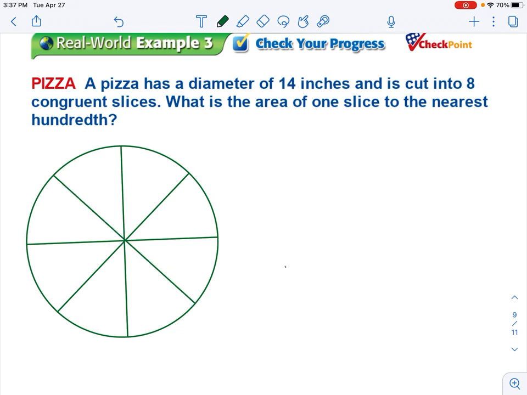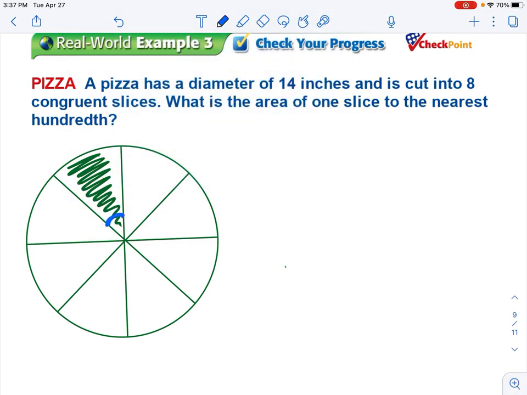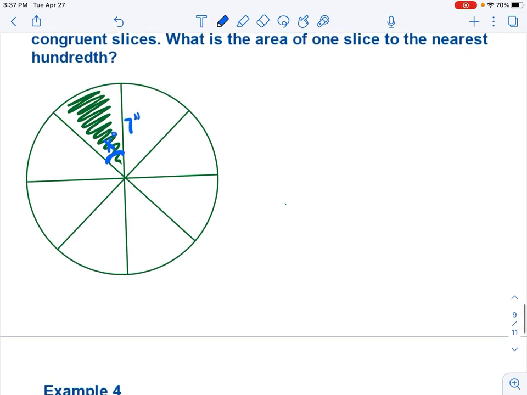We want to know what is the area of one slice to the nearest hundredth. So I need to find this degree. I know my radius is 7 inches. To find that degree, I take 360 and divide it by 8 because there are 8 pieces, and that equals 45 degrees. And now I can plug everything in.